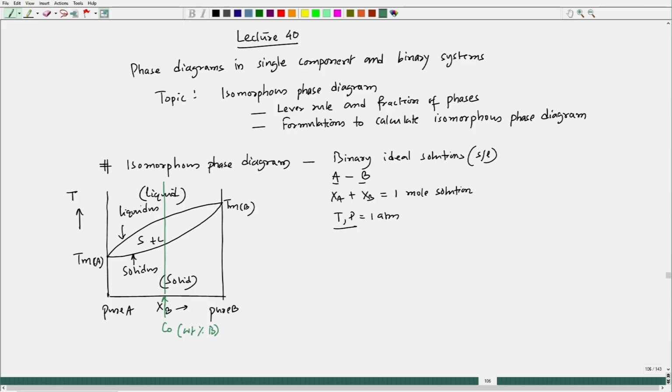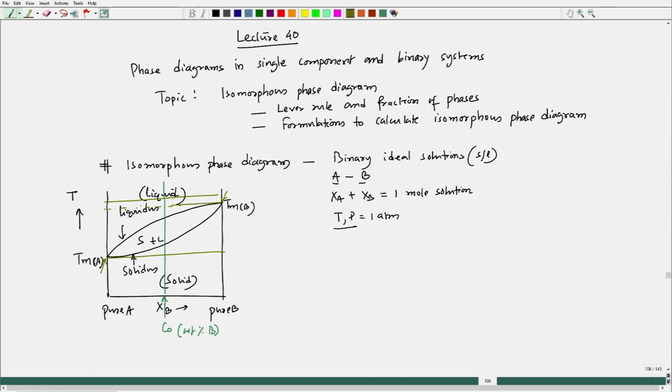In fact, you can convert mole fraction to weight fraction if we know the atomic weights of A and B. Okay. So, now once we do that, let us say I take different temperatures. So, those temperatures are like this.